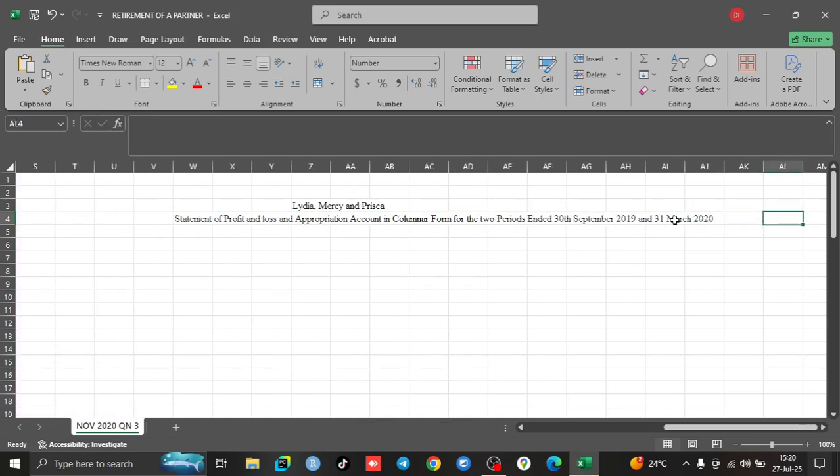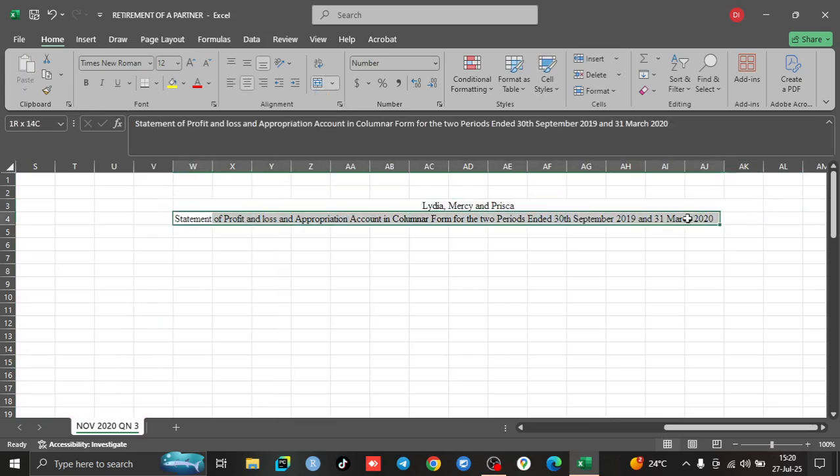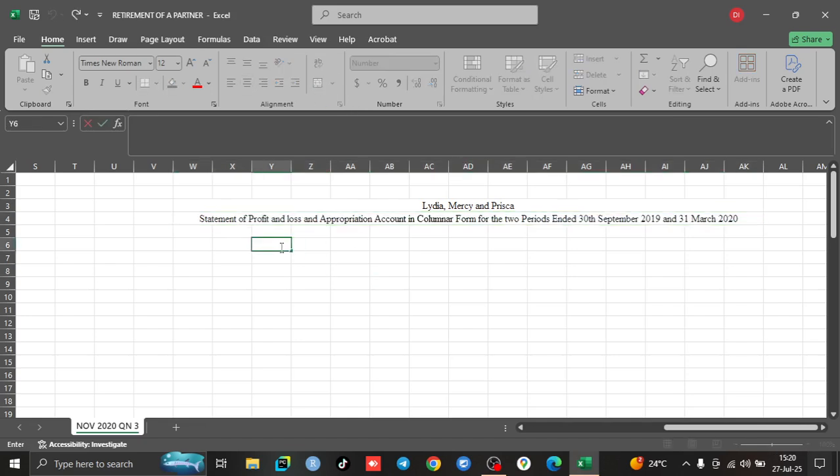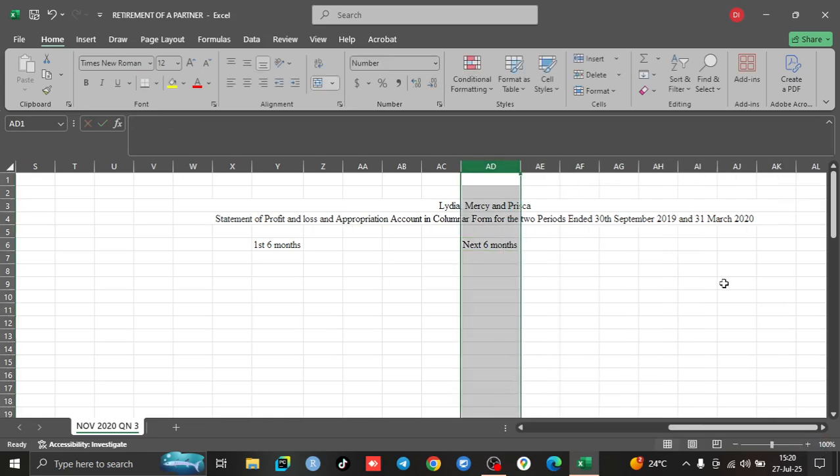So first of all, let me merge these cells, then I can develop a good column format. So we have for the first 6 months here, then the next 6 months, and then the total.